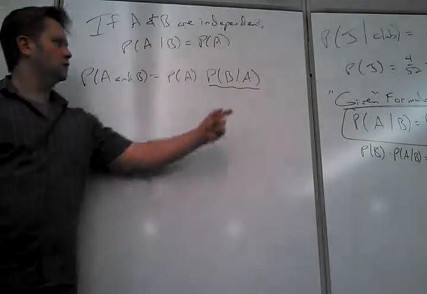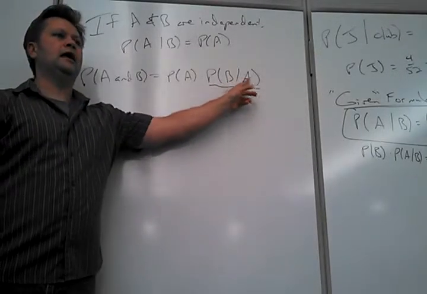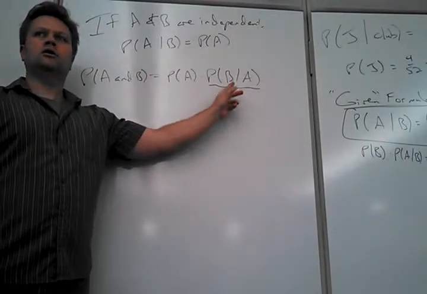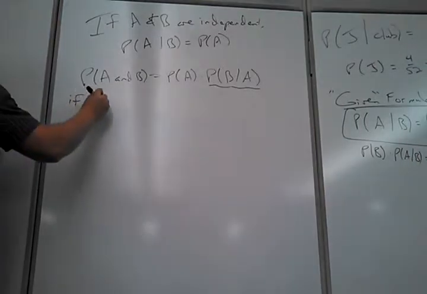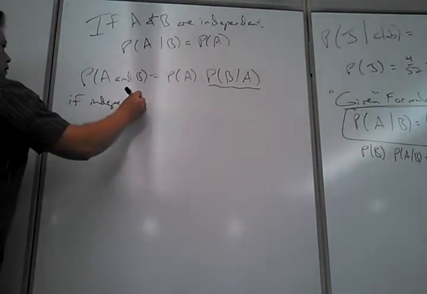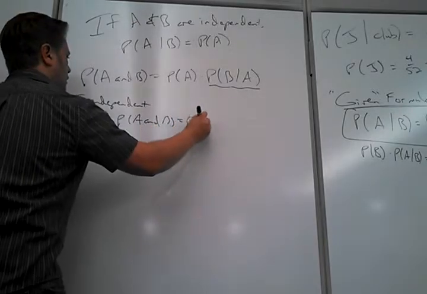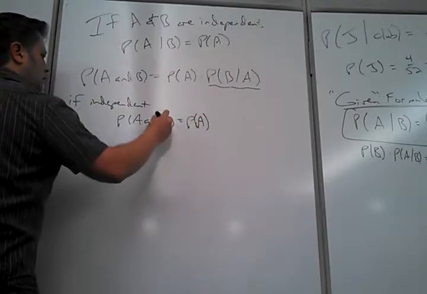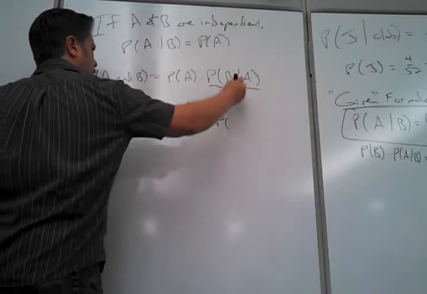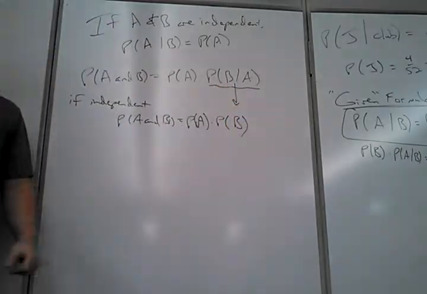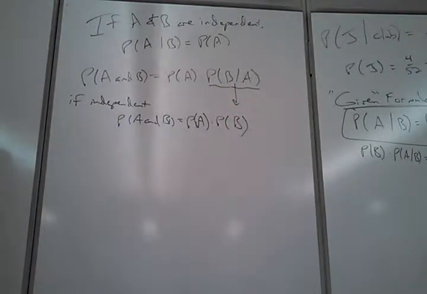If they're independent, what is probability of B given A? Does B care? So if independent, probability of A and B equals probability of A times probability of B. Because B doesn't care that A happened.